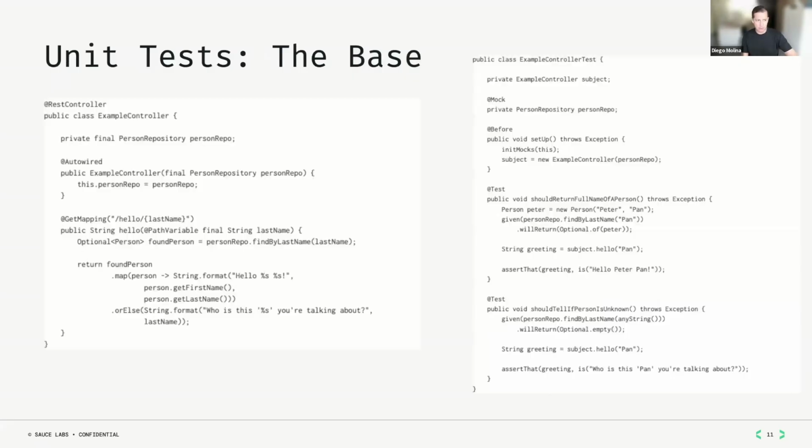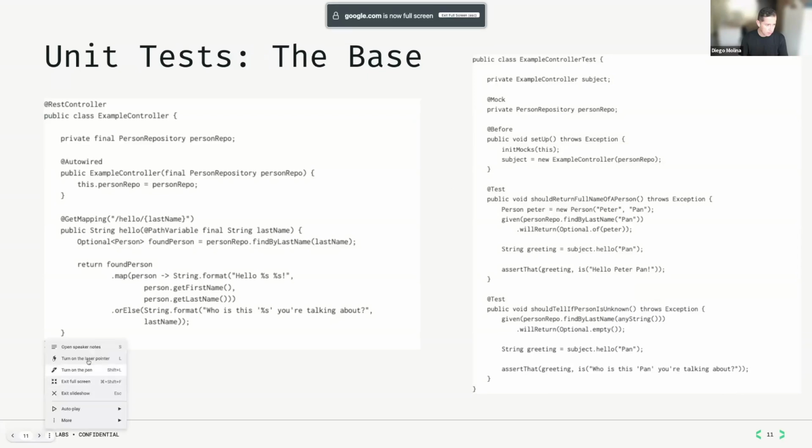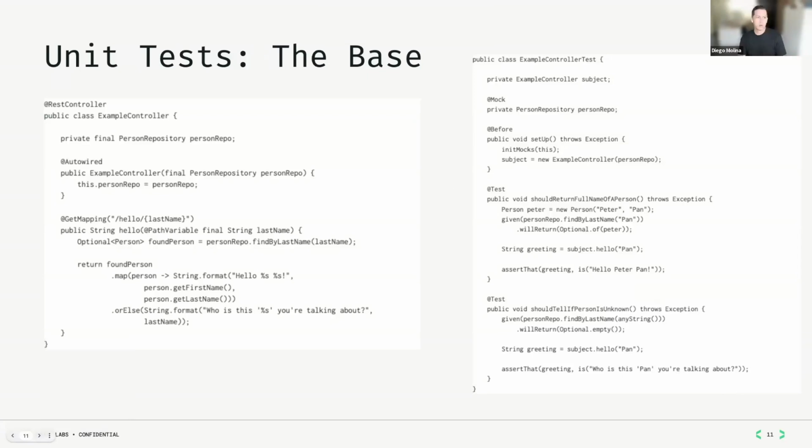This is a basic example of a unit test. Let me turn on the pointer here. In this case, we are interacting with the API service. This is a service where you send a last name, and if the last name is known, it replies saying hello, last name.